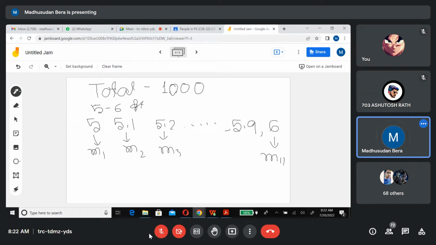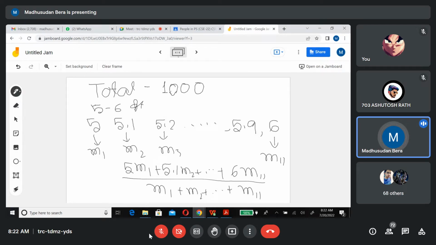But if we group this way, the average height is: 5 times M1, plus 5.1 times M2, that way up to 6 times M11, divided by 1,000, where 1,000 means M1 plus M2 up to M11. So which calculation is easier?